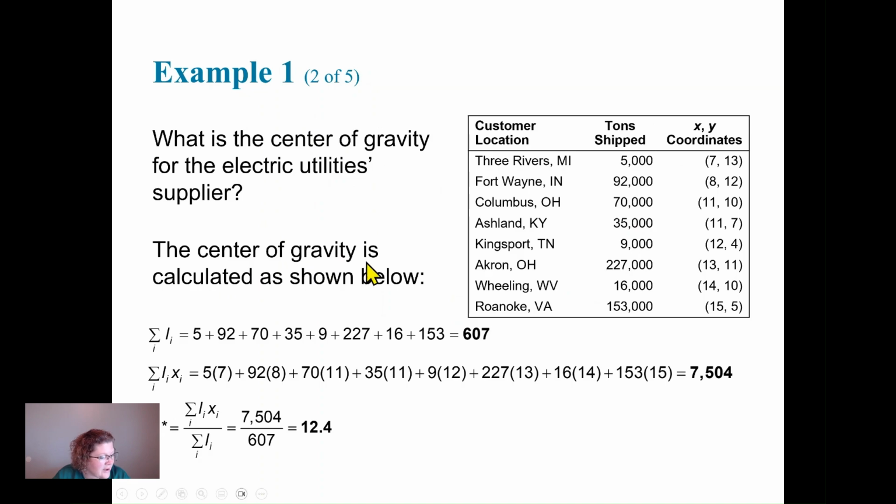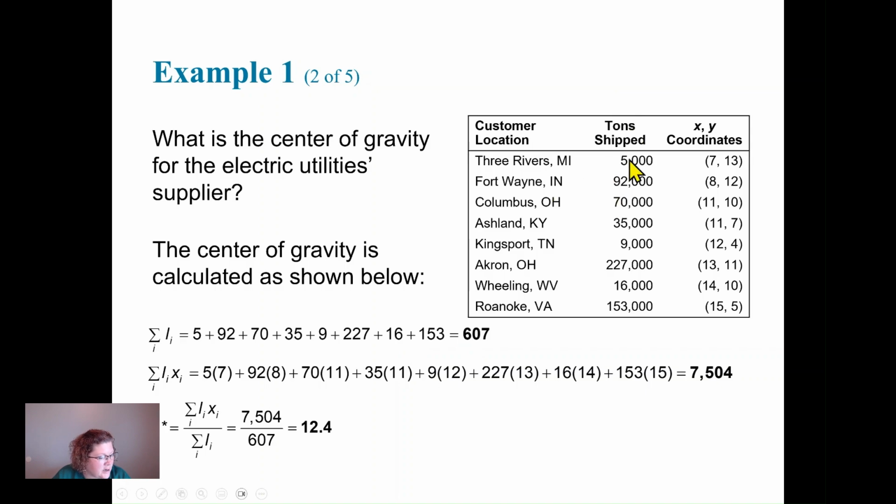Our center of gravity calculation has a couple components to it. The first component is simply the sum of the loads in each location. You can also think about this as the sum of your customer demand in that region. In this case, we have tons shipped.